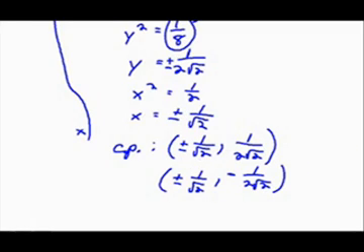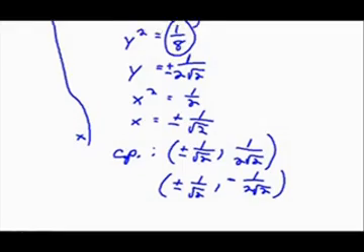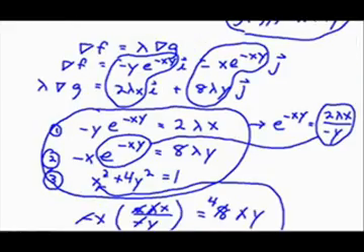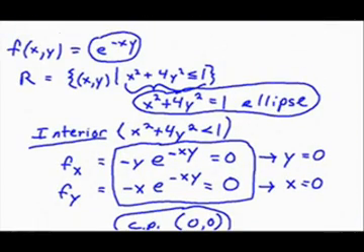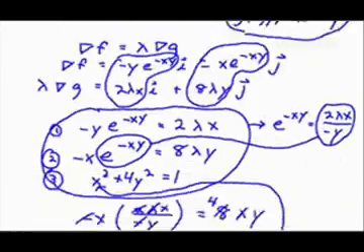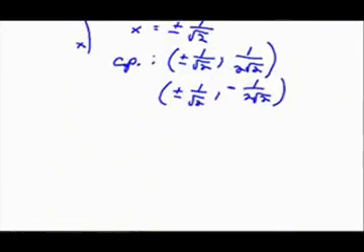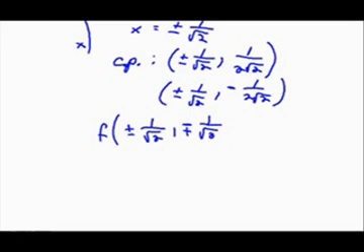Now, the idea is to plug the critical points into the original function, which is f of x y equals e to the negative xy, and see which ones give the biggest values. Well, it won't take you too long to figure out what they are. If you plug into f plus or minus 1 over radical 2 for x, and then you've got to make the signs alternate, minus plus 1 over root 2 for y.